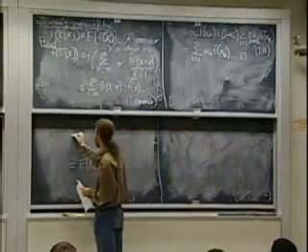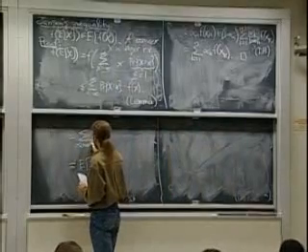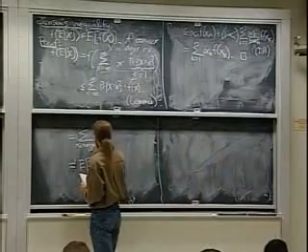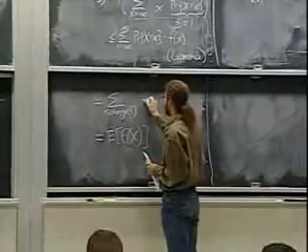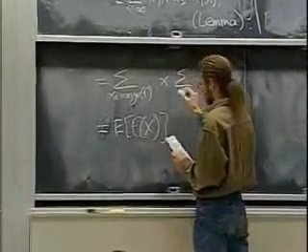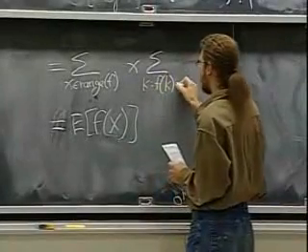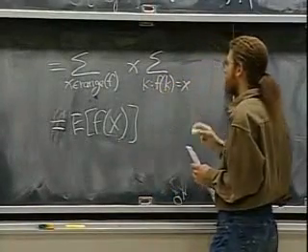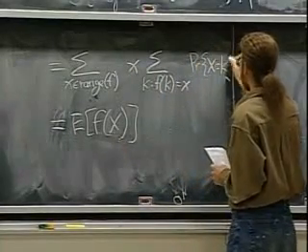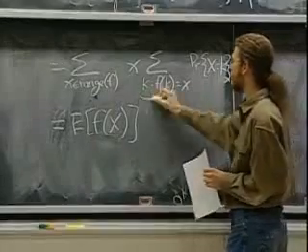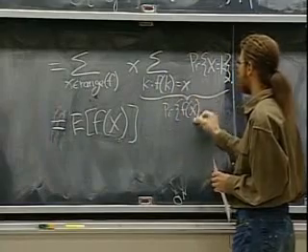We can relate these as follows. Not too hard. You can look at each value that f takes on, and then look at all the values k that map to that value, so all the k's where f of k equals x, the probability that X equals k. This is another way of writing the probability that f of X equals x.